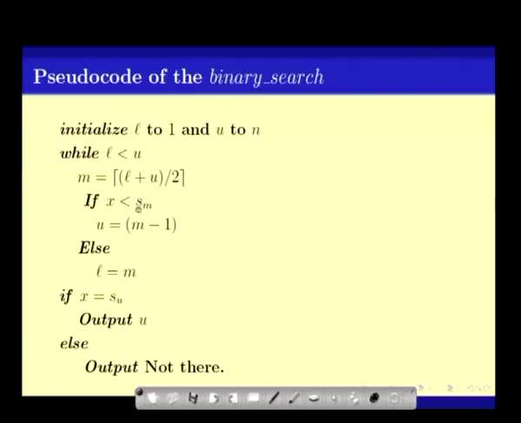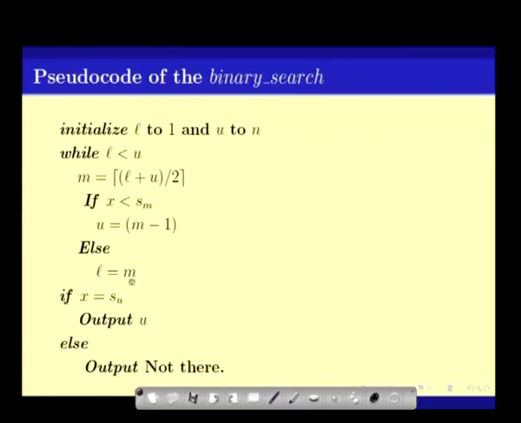If x is strictly less than S m, then we can update U to be m minus 1, because we know that x cannot be S m or S m plus 1 or S m plus 2 or anything above S m. Else x is greater than or equal to S m, thus we can remove S m minus 1 and S m minus 2 and so on.